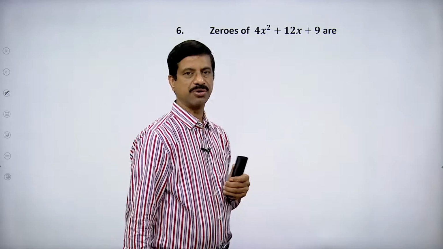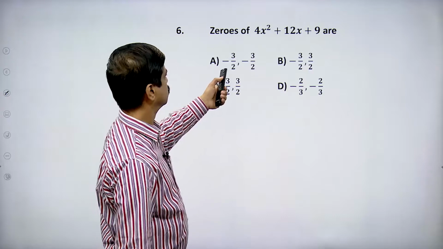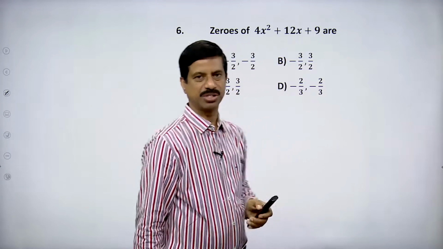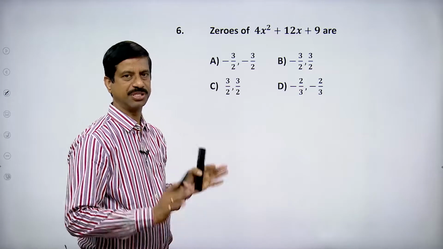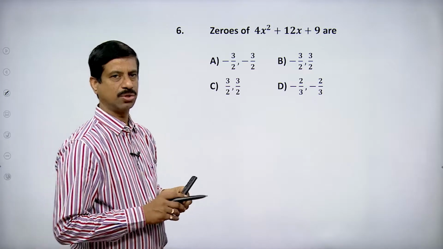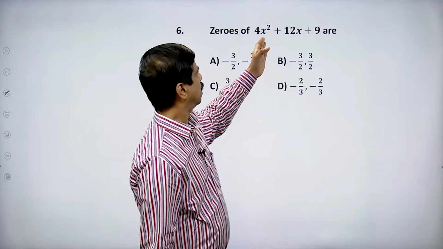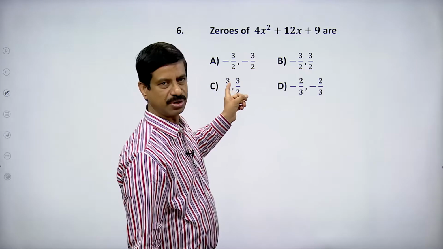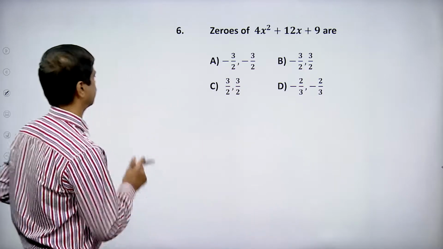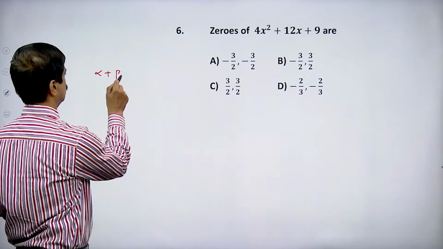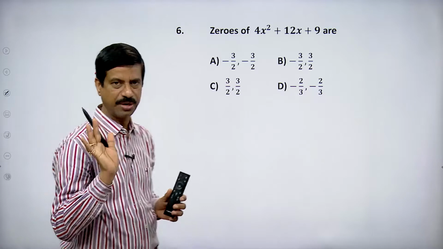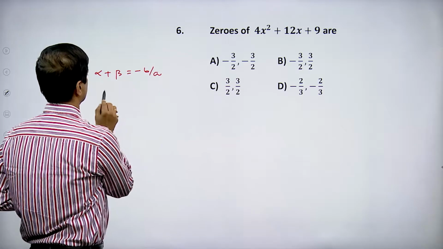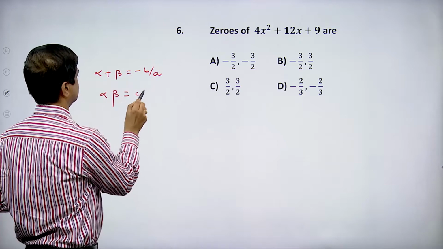Zeros means you should find out the solution for this. You see here all coefficients are positive. Therefore, you can substitute. See, alpha plus beta, we have different methods of working, children. Alpha plus beta is what? Minus b by a, and alpha beta is c by a.